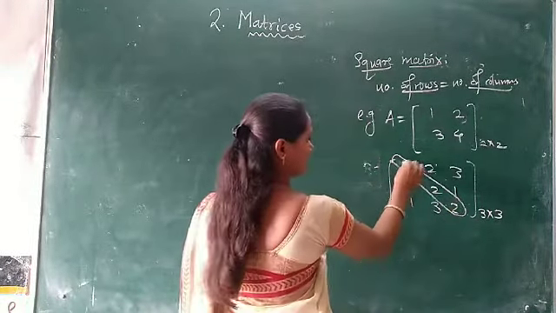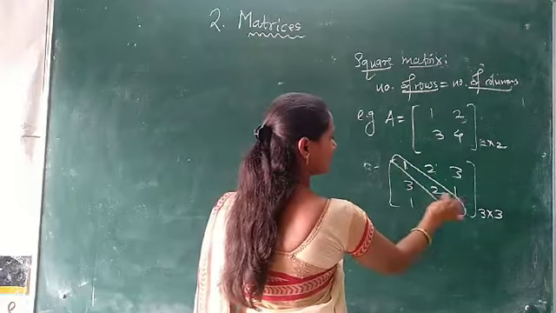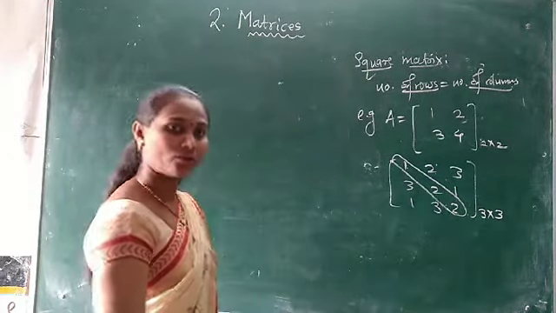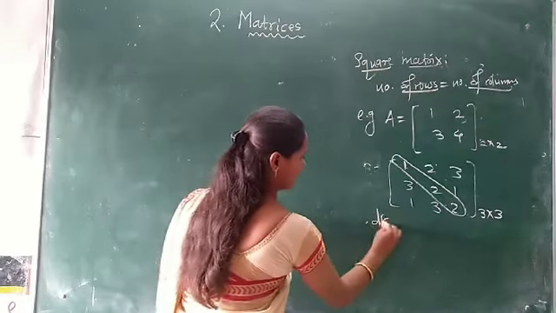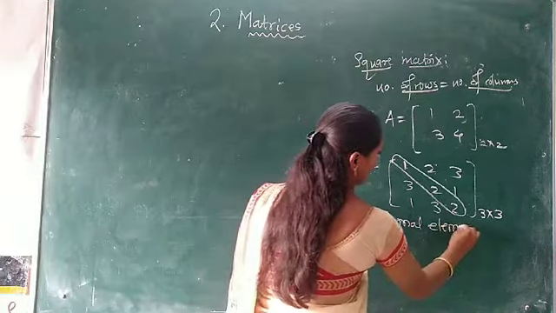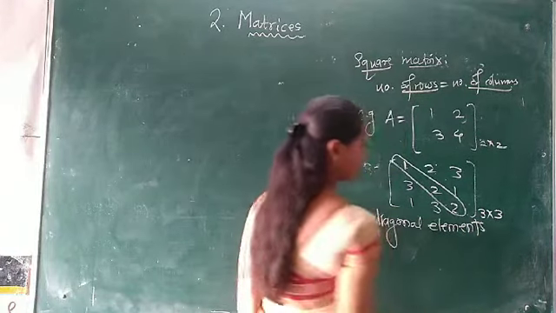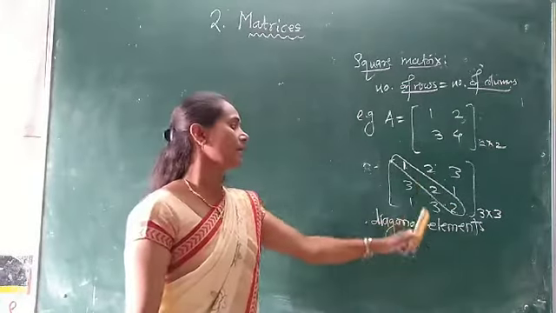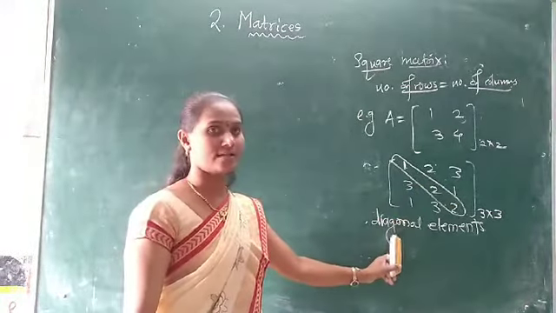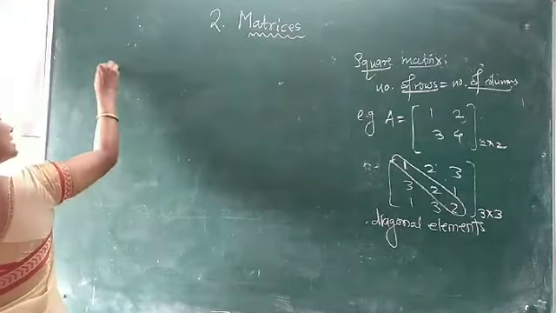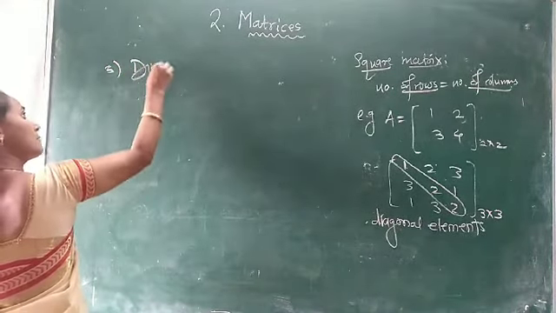The elements A11, A22 and A33 are called diagonal elements. Now the next matrix we are going to see is the diagonal matrix.